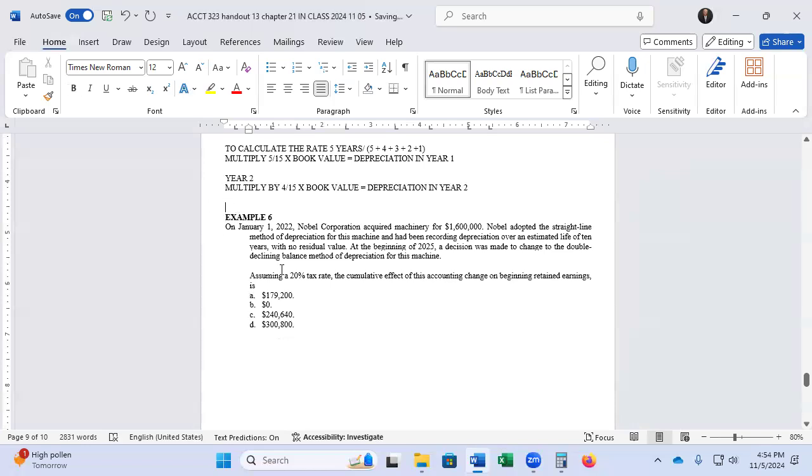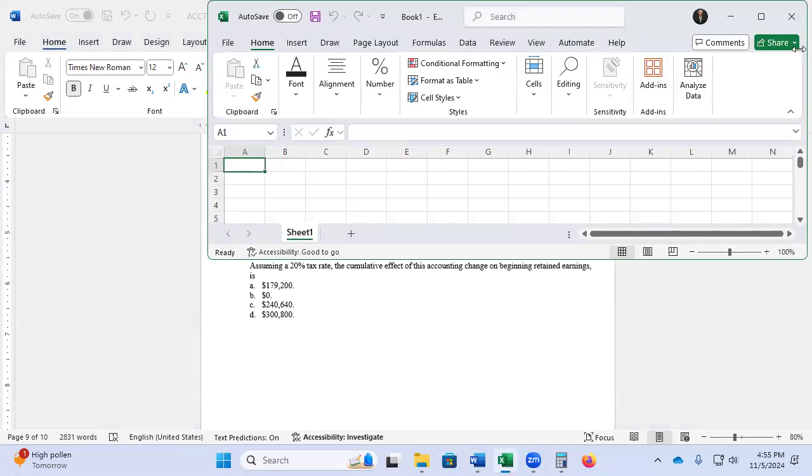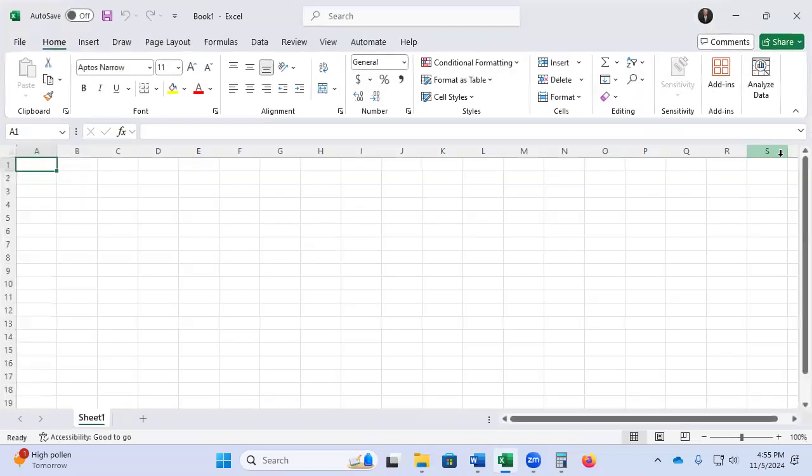All right, so let's take a look at example 3. Nope, example 6. Do it separately. That's what I thought, and that's why I have to go back and look at the sum of the year's digits, because to me, if we're looking at book value, I was wondering that myself.